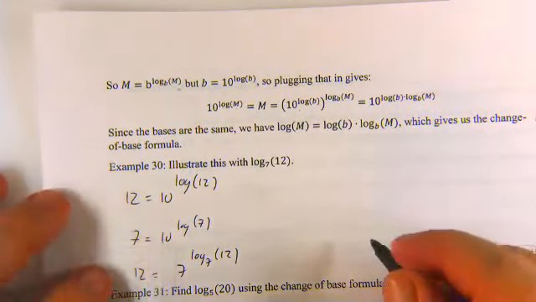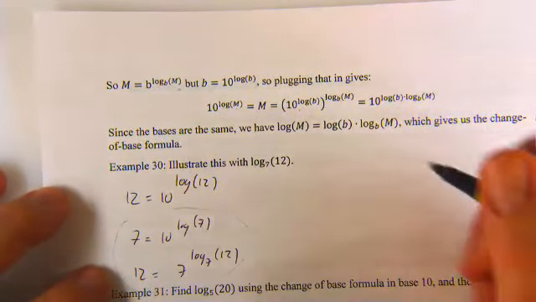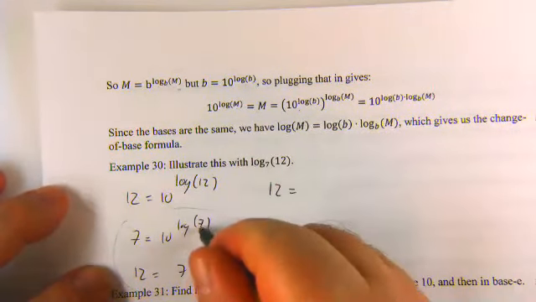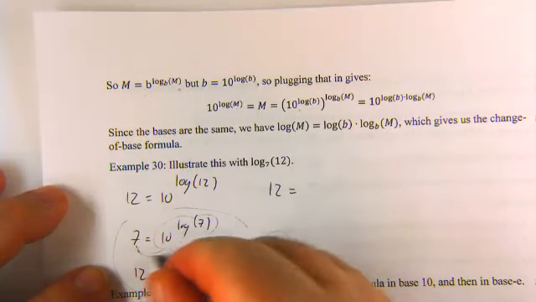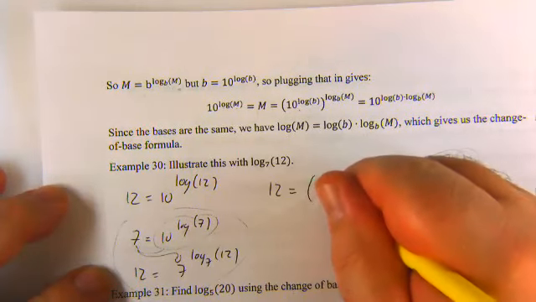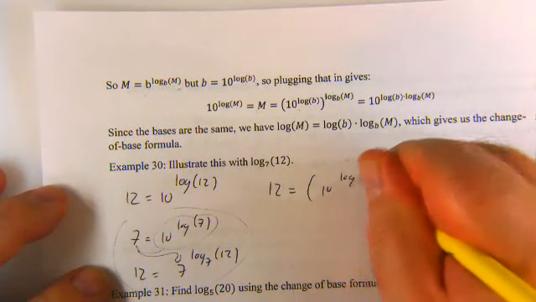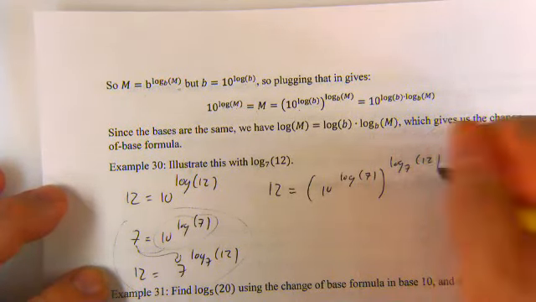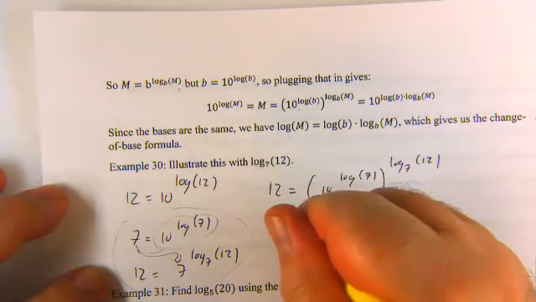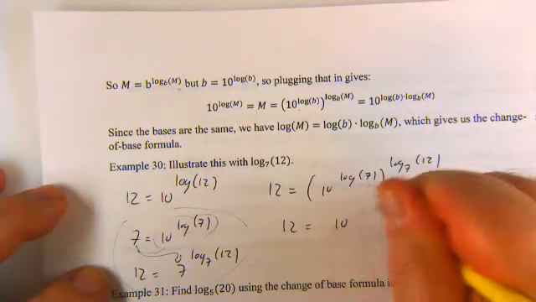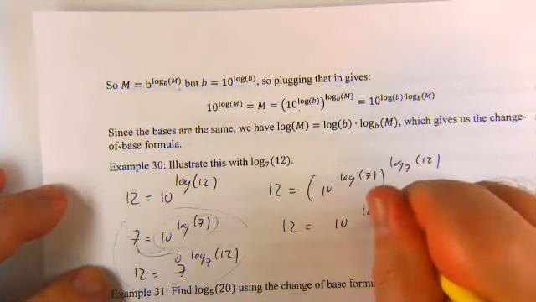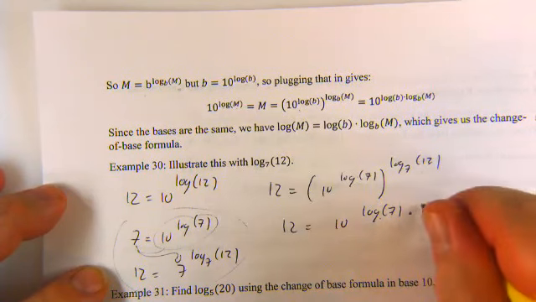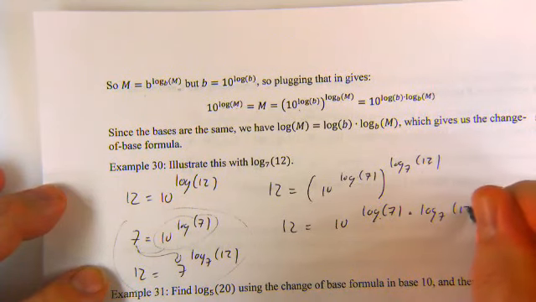So combining these two, I get 12 equals, now take this expression and plug it in here for 7: 10 to the log 7, quantity raised to the log base 7 of 12. And I can rewrite that as 10, multiply these two things together, log of 7, this is base 10, right? Times log base 7 of 12.